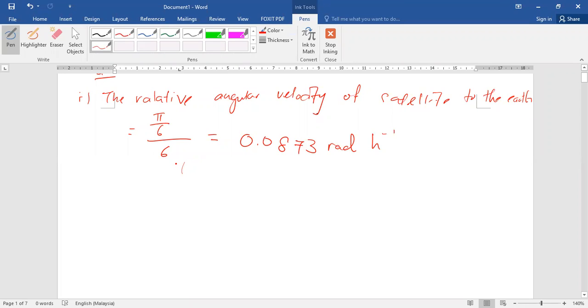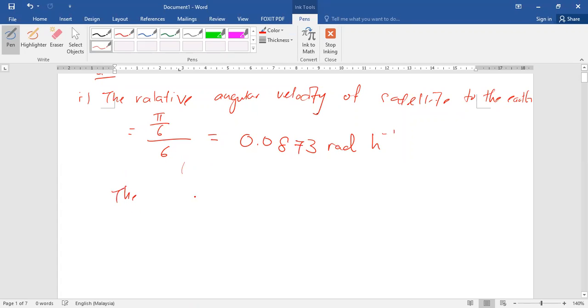If you wish to change to seconds, we need to convert the 6 hours into seconds. But here we use hours.